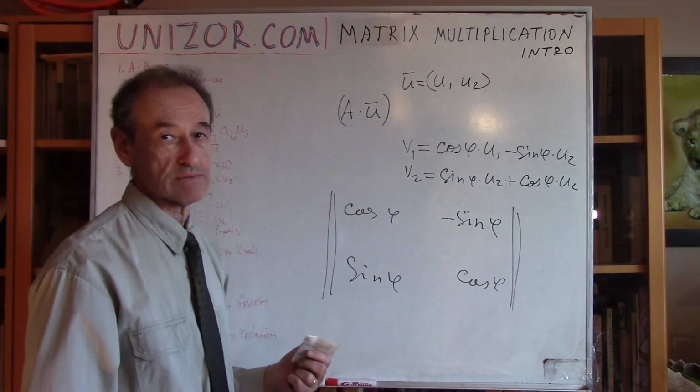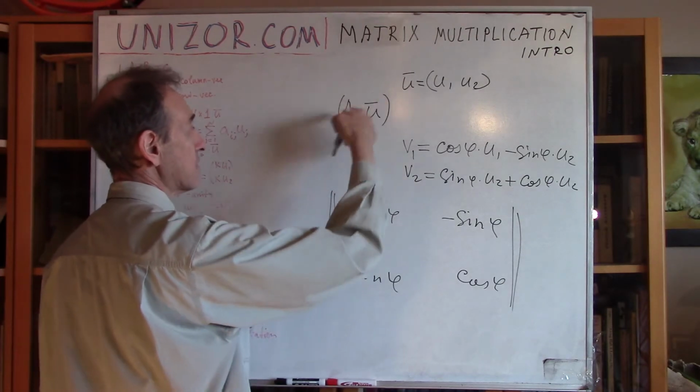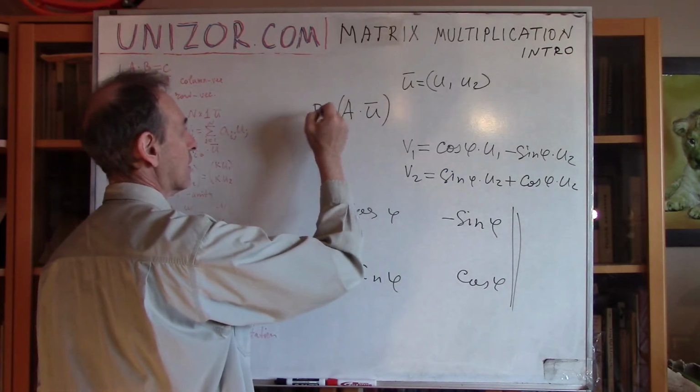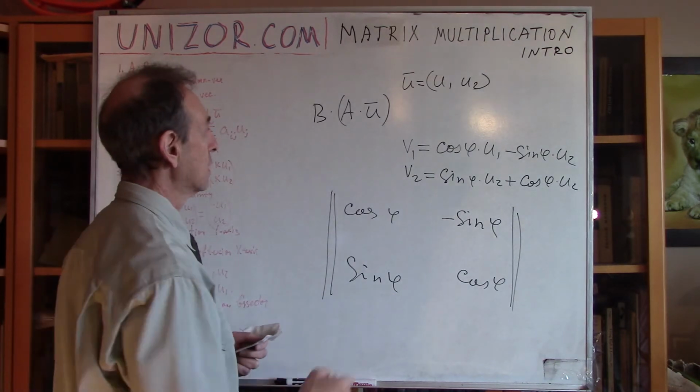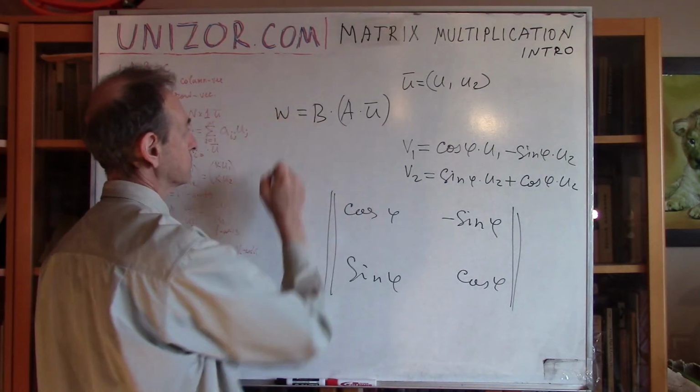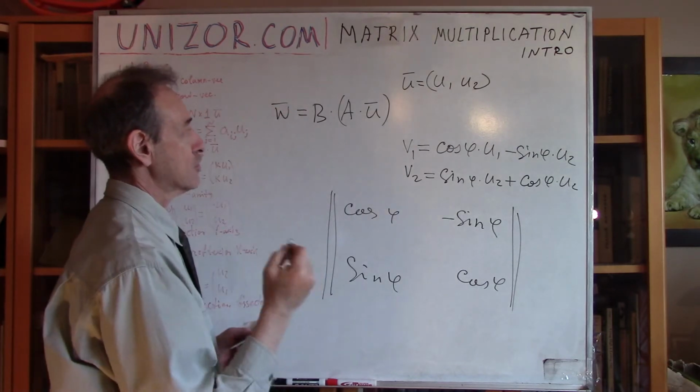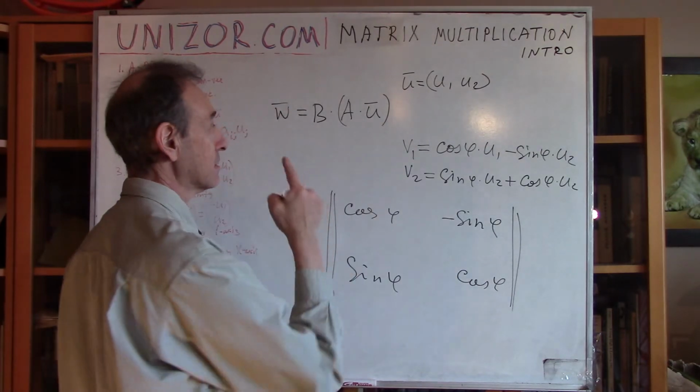This is my first transformation of the vector into, let's say, V. And then I have another matrix which is multiplied by this V, and I get vector W. The question is, can I specify it differently?